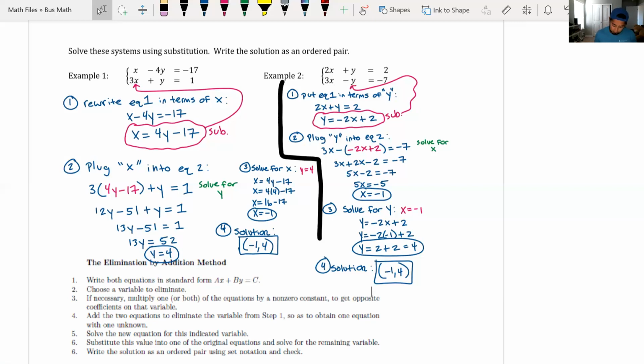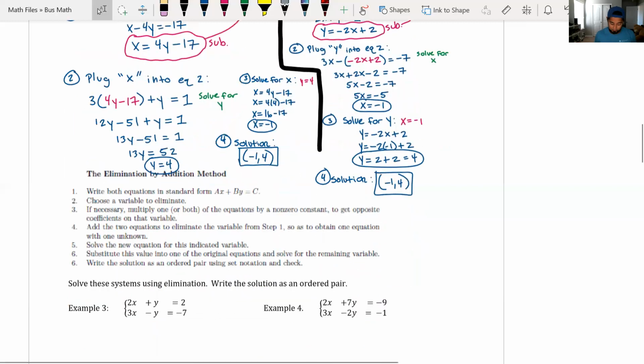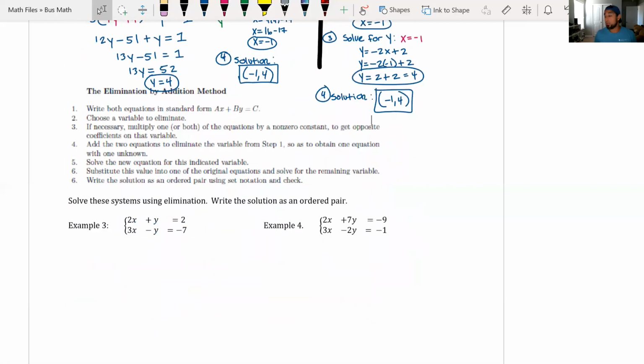Okay, so that's substitution. Now we have elimination. Elimination method is a lot faster than substitution. The key word here is eliminate. We want to eliminate a variable. We want to get rid of a variable.